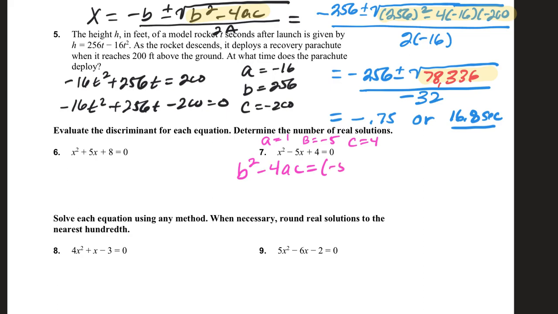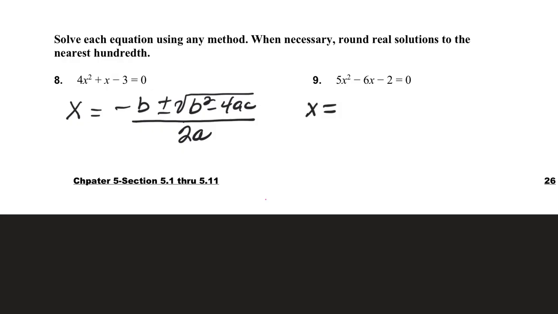So B squared is negative 5 squared minus 4 times A times C, which is 4. Negative 5 squared is 25, minus 16, which is 9. Since that's positive, it's going to be 2 real solutions.